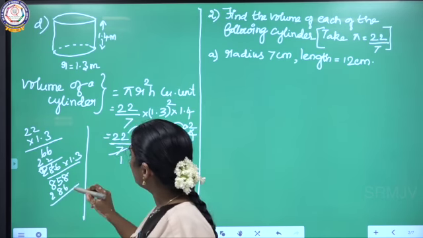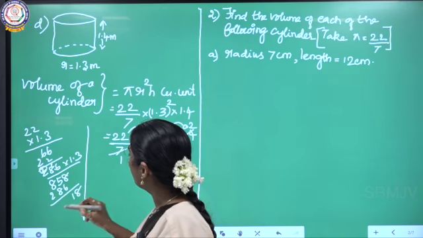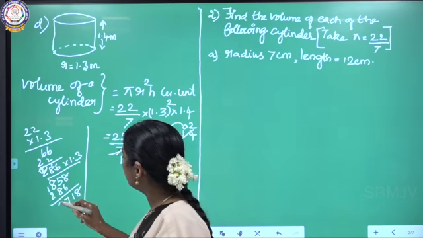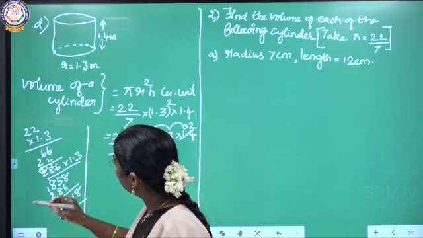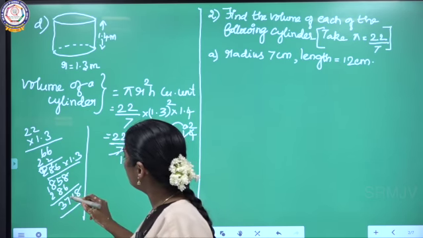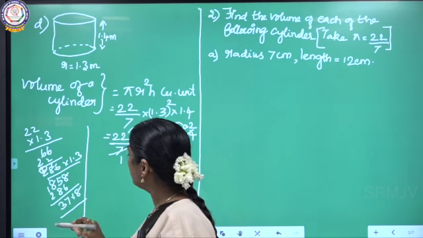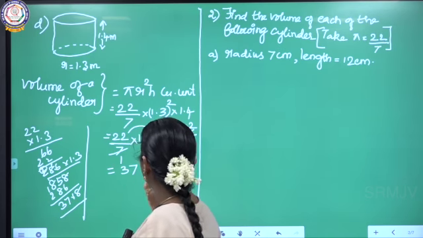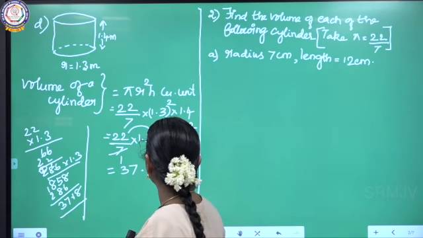So what you have to do? Here 1 digit, here 1 digit. So 2 digits after you have to keep the decimal. After these I multiply, I can get the answer.